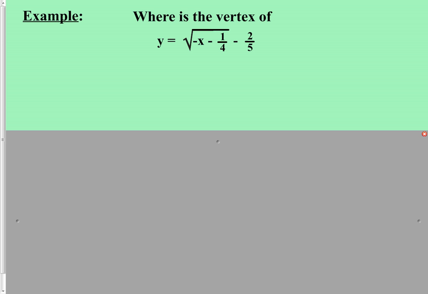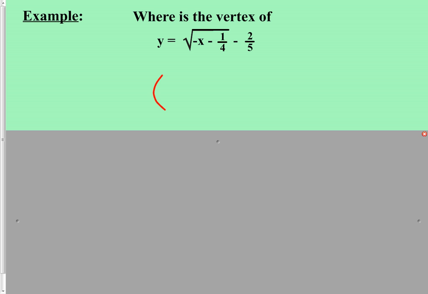Well, this one is obviously going the opposite direction on the x-axis. Our parent function is supposed to go up and to the right. This one is going up and to the left. However, we need to move the vertex back to where it is supposed to be.